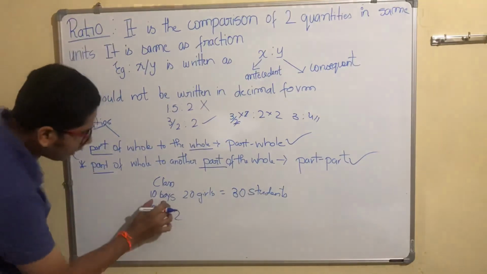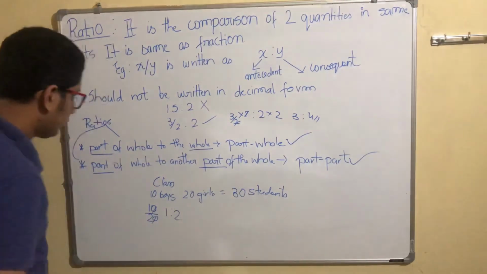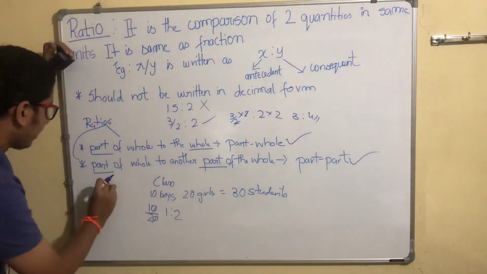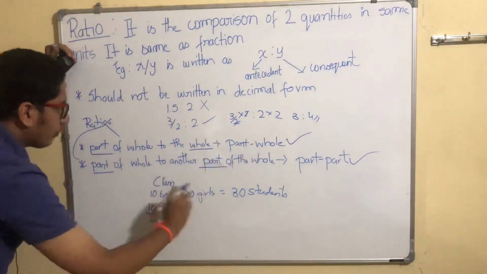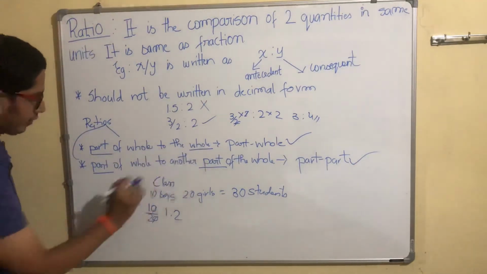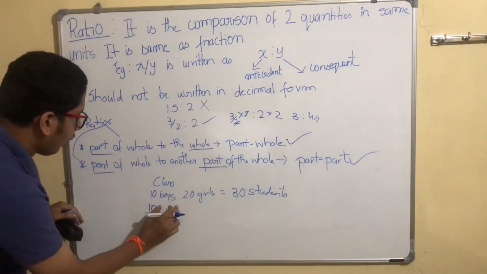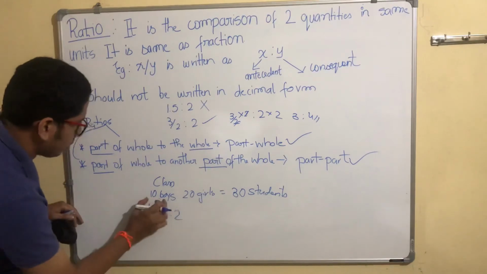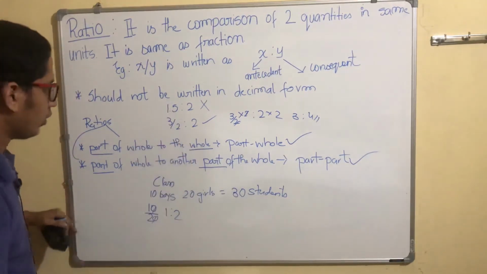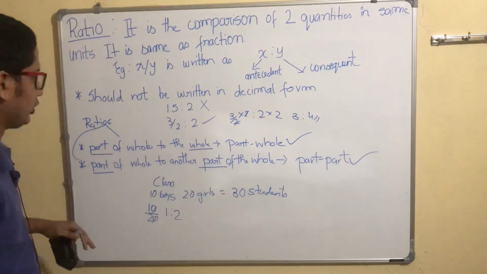So these are two parts which make up the total students as a whole. When I take the ratio of a part of the whole to another part of the whole, boys is a part, girls is a part, which give us the whole students. So when I take these two, it's known as part to part ratio.